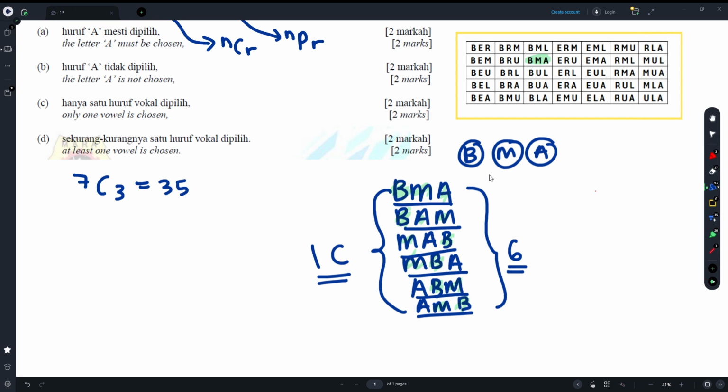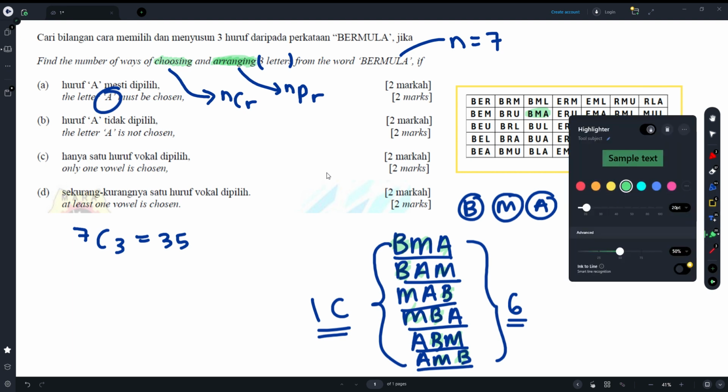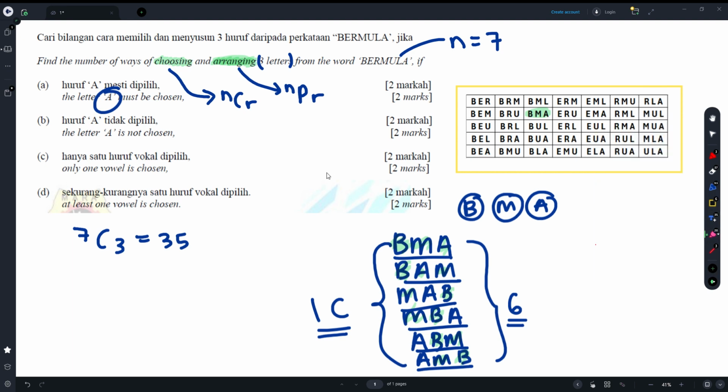Okay, so now they are saying we need to choose a 3-letter word and letter A must be chosen. So if you go and look at the list of combinations that I've given you, I can highlight a few that have the letter A. Maybe I can use this color to show you. Here there is a letter A, 1. Here there is a letter A, 2.